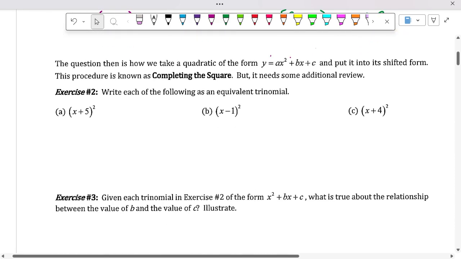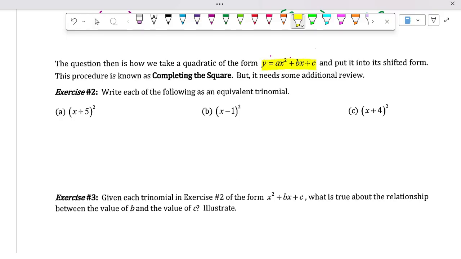So remember, with a quadratic, our standard form is y equals ax squared plus bx plus c. So, in order to put it into the vertex form, we have to use completing the square. So first off, without doing box method, we're going to figure out what these perfect square trinomial equivalents are.